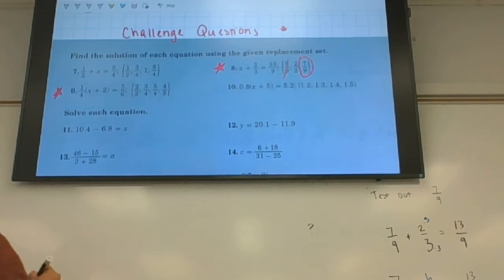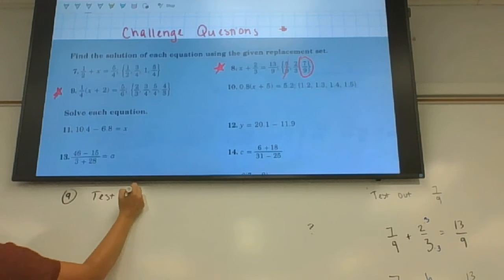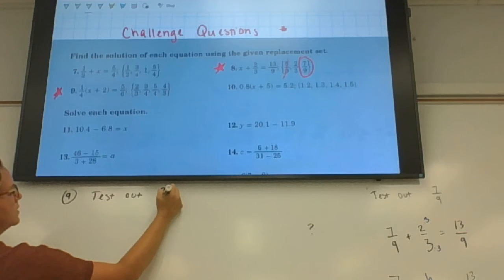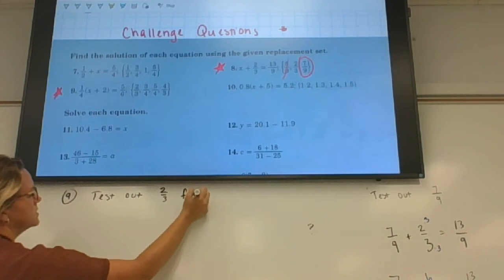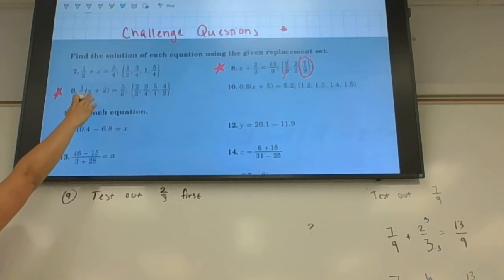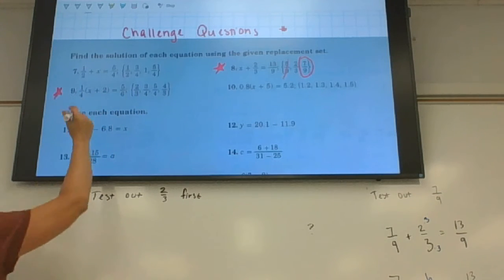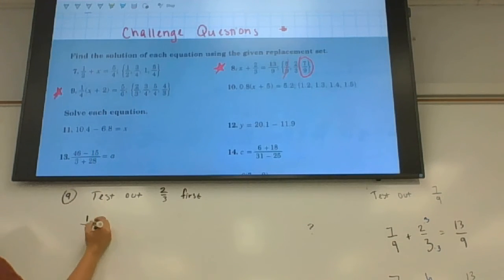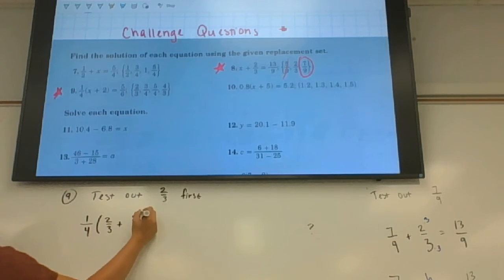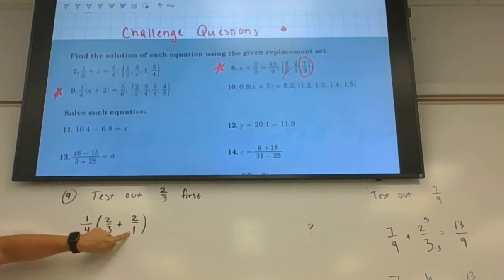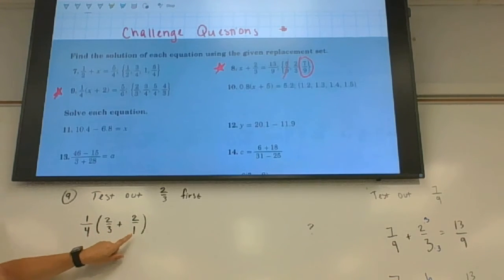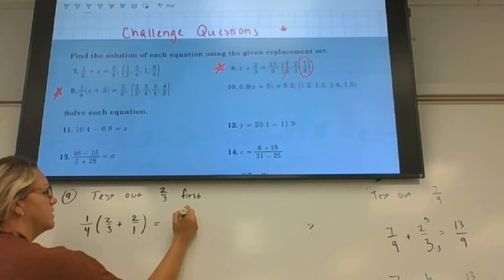So for number 9, I'm going to test out 2/3 first. So I'm going to take the x out and put this 2/3 in. 1/4 times 2/3. I'm going to make that 2/1. And I'm going to get a common denominator and combine. How many of you guys distributed in? Okay, good. Distributing in kind of is more complicated.